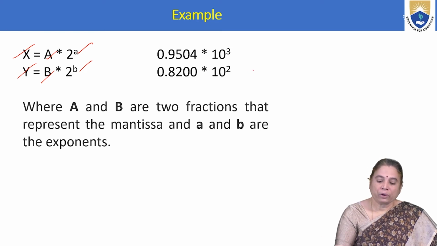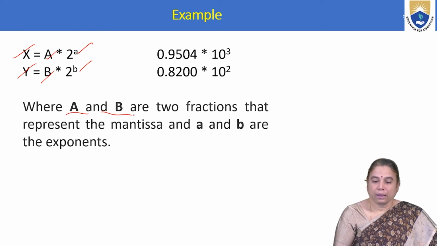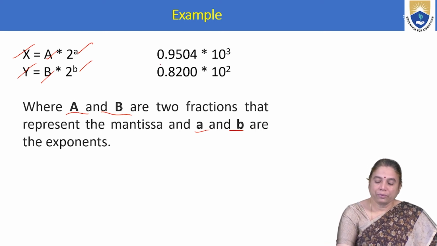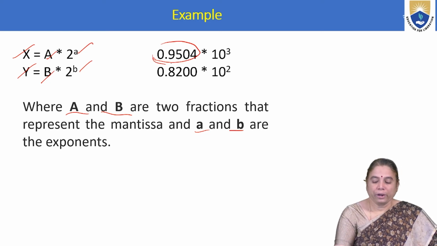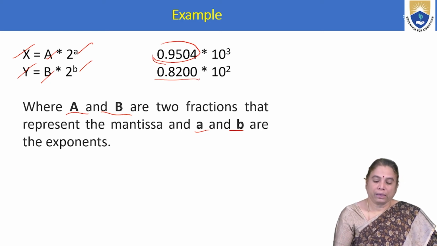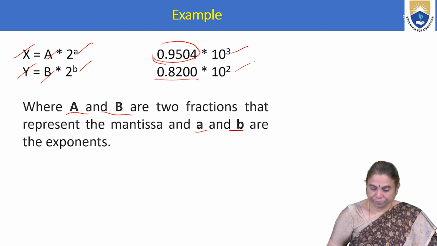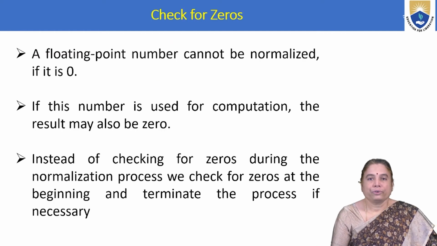Here the mantissas are capital A and capital B, and the exponents are small a and small b. The capital A and capital B values are 0.9504 and 0.8200 respectively. The small a and small b values are 3 and 2 respectively. So the four steps are the major steps in the addition and subtraction algorithm.